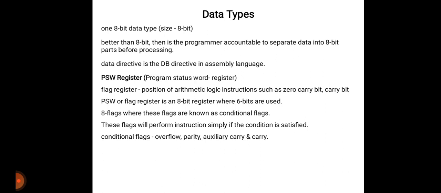If the data is larger than 8 bits, the programmer is responsible for separating the data into 8-bit parts before processing. For an assembler, the most widely used data directive is the DB directive, the data directive for assembly language programming.